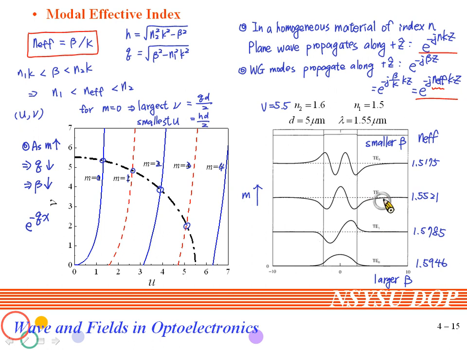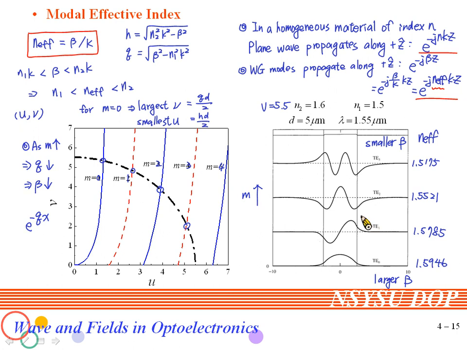For the M2 mode, you have three peaks and the field decays very slowly in the cladding region. As for the M3 mode, we have four peaks and the field decays very slowly in the cladding region. Okay? So from the mode order, you can also predict the mode field in the optical waveguide.